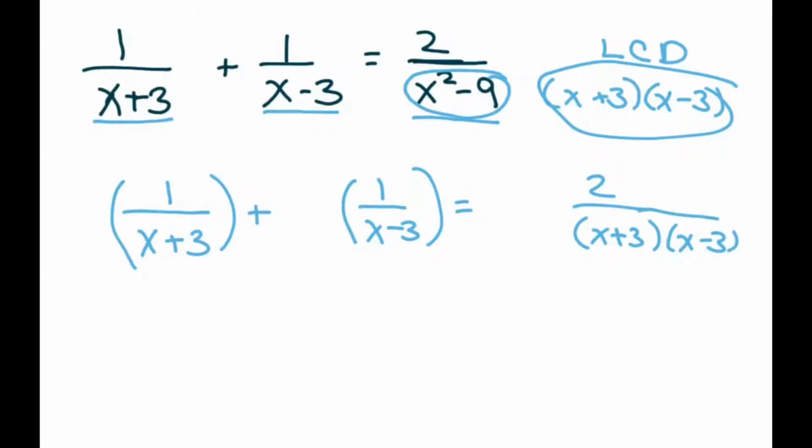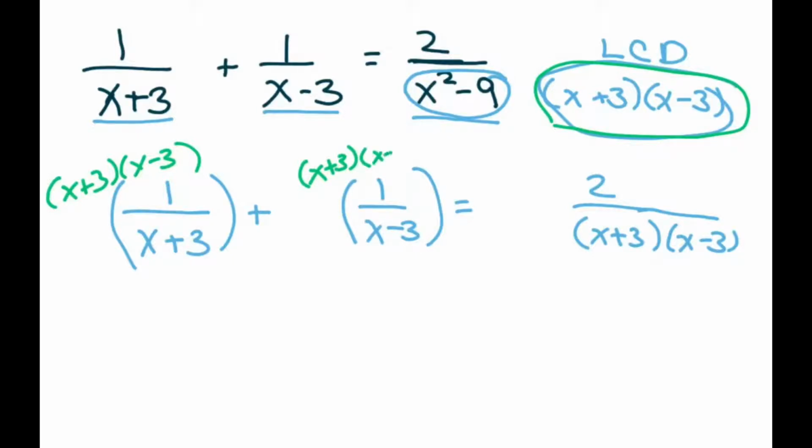Now to clear the fractions, I'm going to just multiply by my LCD. So I'm going to multiply this by x plus 3 times x minus 3. So each piece, x plus 3 times x minus 3, and this one, x plus 3 times x minus 3.